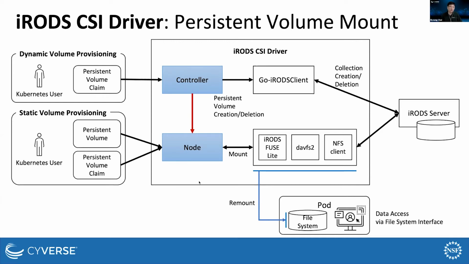The node module is responsible for processing static volume provisioning requests, which means you need to pass a persistent volume object and a persistent volume claim object. It mounts iRODS data for persistent volumes using iRODS file system clients. We have three options: iRODSFUSE Lite, WebDAV (davfs2), or NFS client. Once data is mounted, Kubernetes pods can access the data via the mount points.